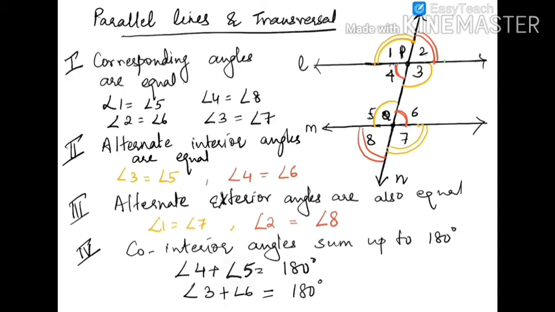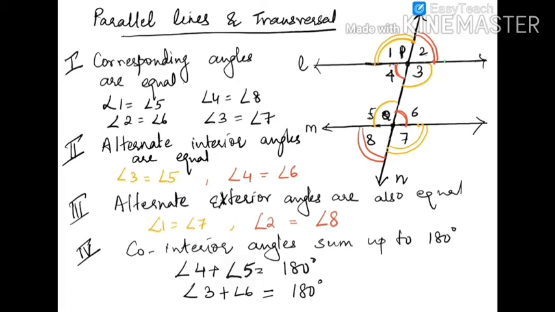So, when parallel lines are cut by a transversal, then the pair of corresponding angles are equal, the pair of alternate interior angles are equal, the pair of alternate exterior angles are also equal, and the co-interior angles sum up to 180 degrees. These properties can be applied in questions in two ways.